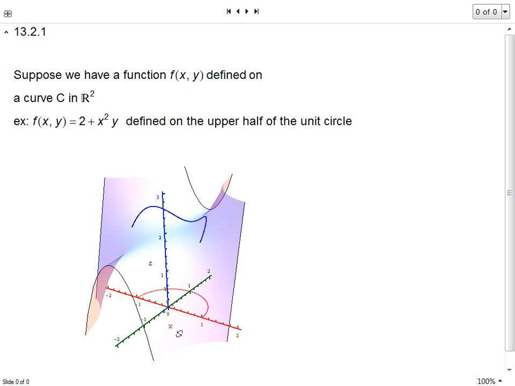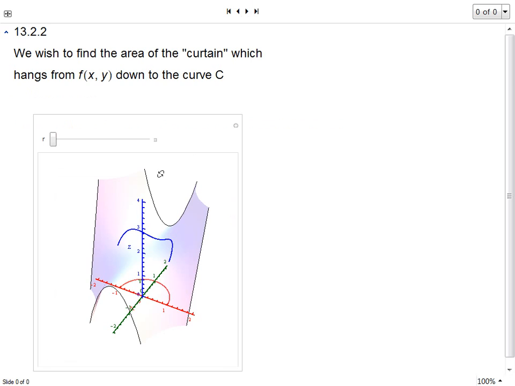We've done something like this before, right? What we asked previously was, if you restrict it and you look at that blue curve, where the maximum and minimum of that curve are, right? The highest and lowest points. That's what we asked before. Here's what we're going to ask this time.